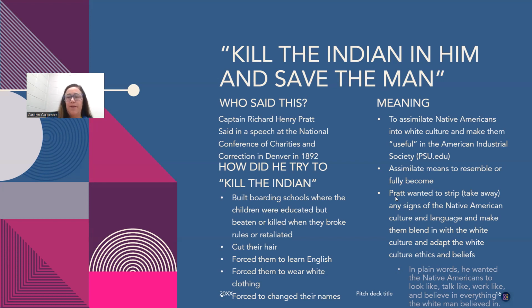Pratt wanted to strip, which means take away, any sign of the Native American culture and language and make the Native Americans blend in with the white culture. And he wanted them to adopt the white culture, ethics, and beliefs. In plain words, he wanted the Native Americans to look like, talk like, work like, and believe in everything the white man believed in.